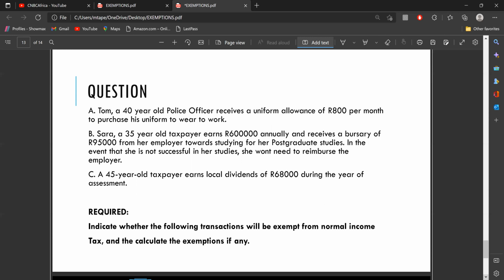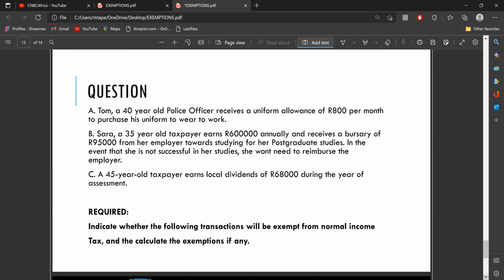In the event that she's not successful in her studies, she won't need to reimburse that employer. And then C, we have a 45-year-old taxpayer who has earned a local dividend of 65,000 Rand during the year of assessment.